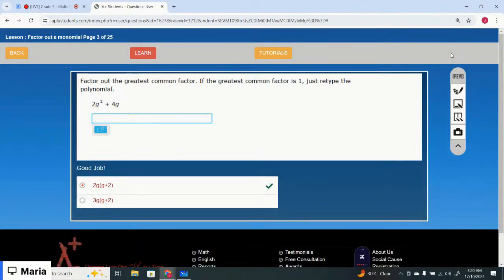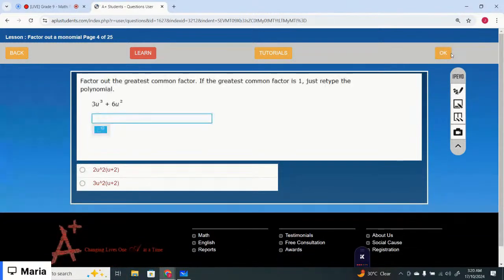Okay, we're going too slow, right? So let's just factor out the greatest common factor of 3u cubed plus 6u squared. Which is the correct option?